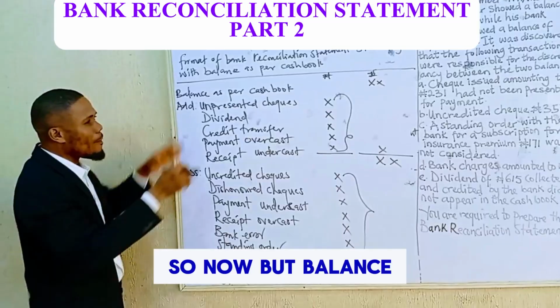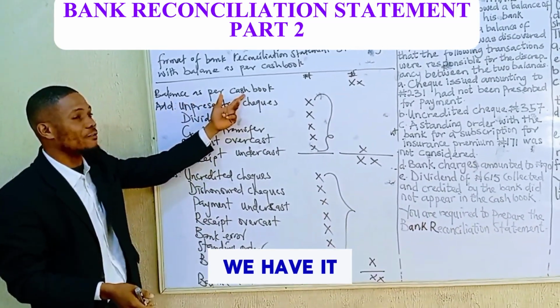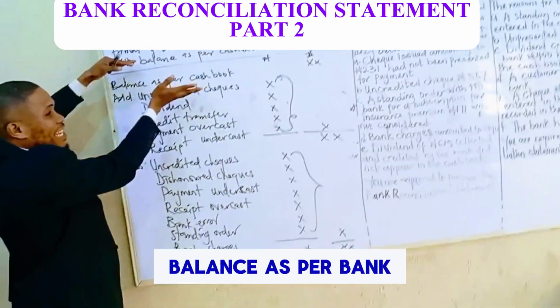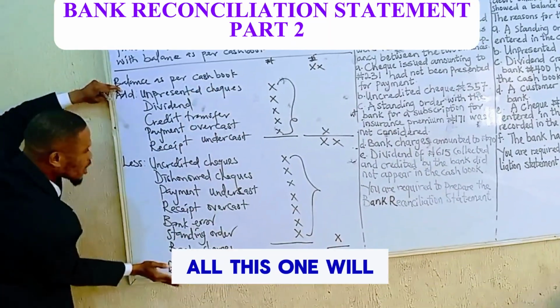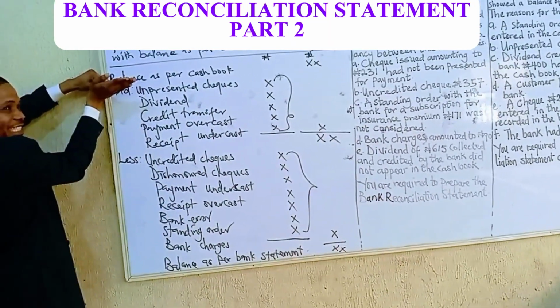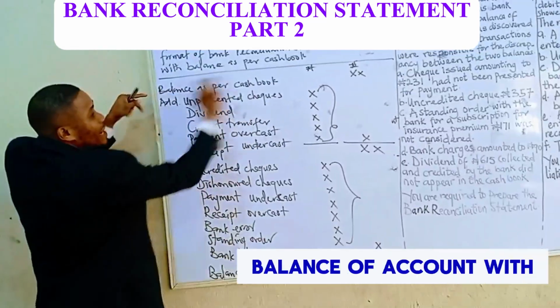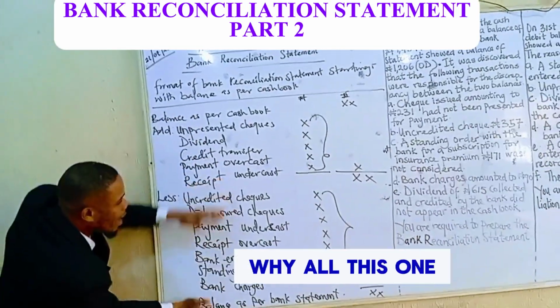Now, if it is overdraft as per cash book, the way you solve when you start with balance as per bank statement, your balance as per cash book will be here normally. But all these will be subtracted while all these will be added.